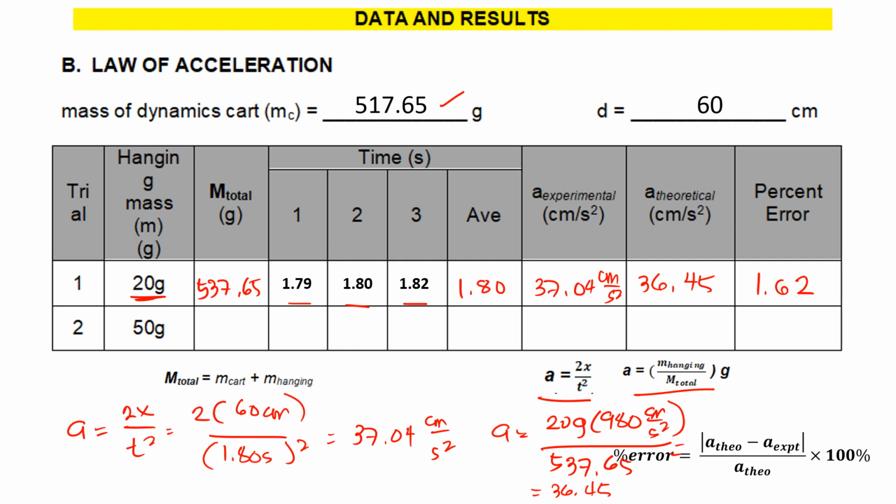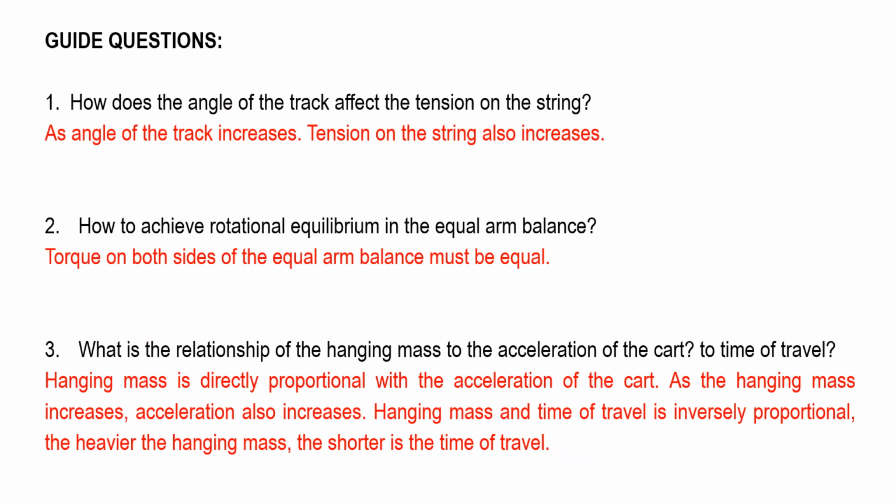Okay, so this is the last part of experiment number 2. Okay, so number 1, how does the angle of the track affect the tension on the string? This can be answered using this formula. T is equal to mg sine theta.